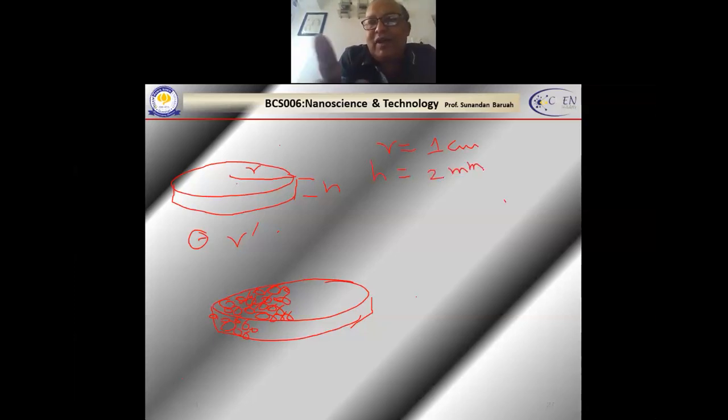Now you have to be very careful of the units, okay? One is given in centimeter, one is given in millimeter. And r dash, that means the diameter of the spherical nanoparticle, we give it as 10 nanometer. Now this is nanometer, okay? You have to be careful with the units.